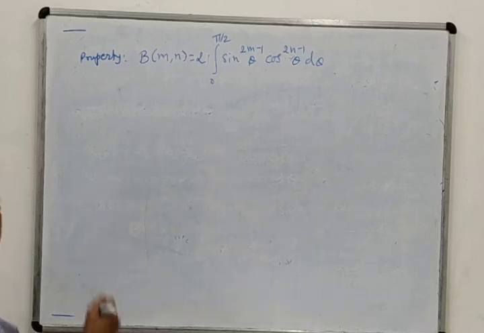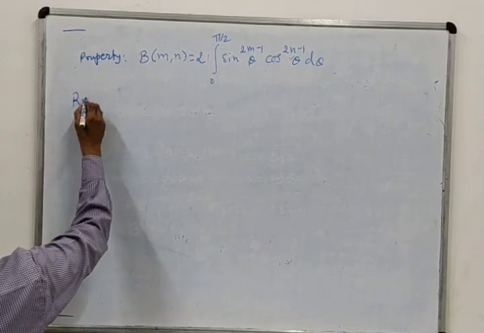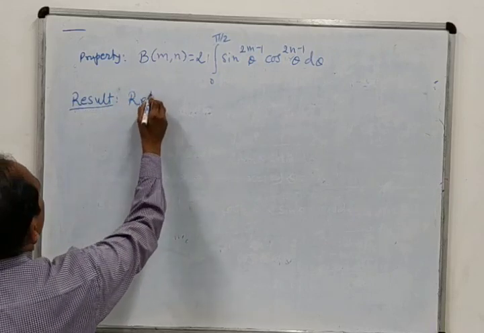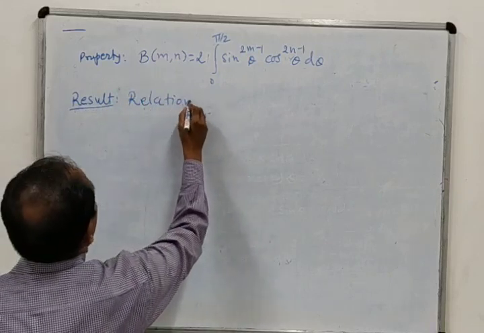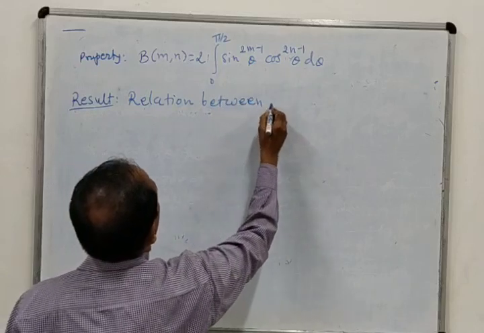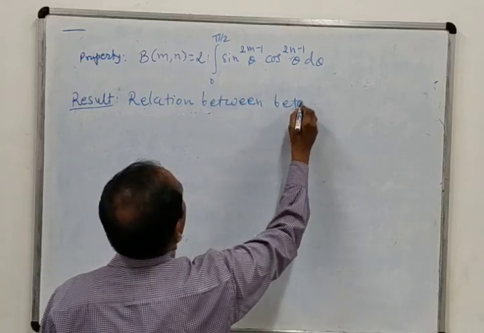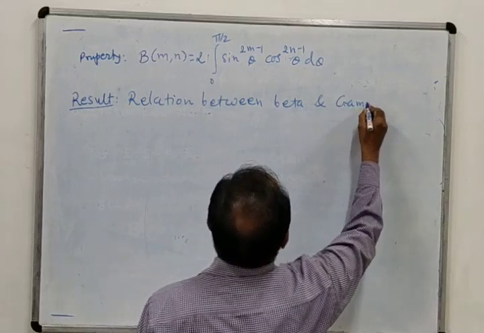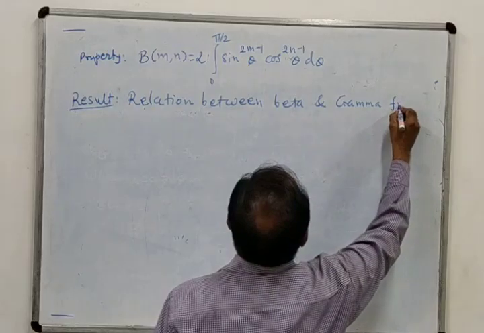Now let us see one result: the relation between beta and gamma functions.